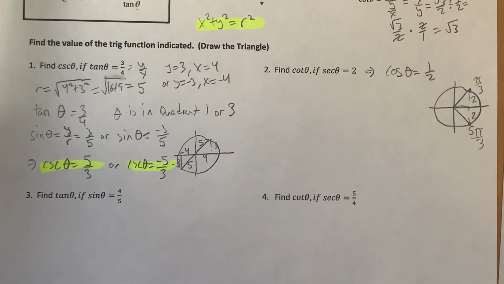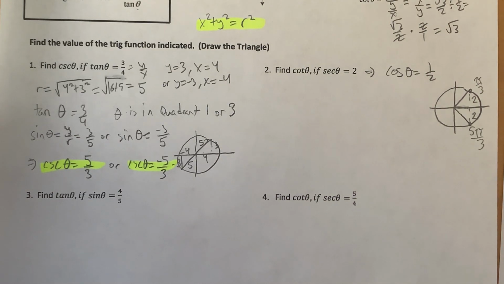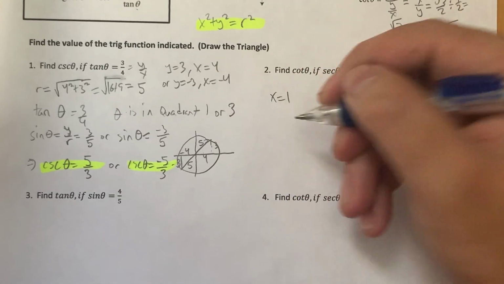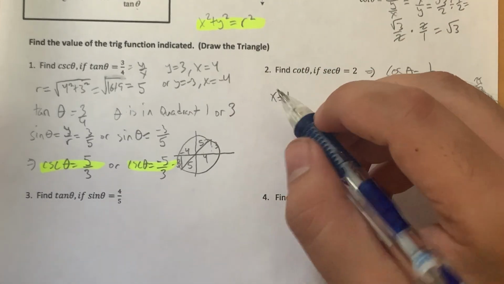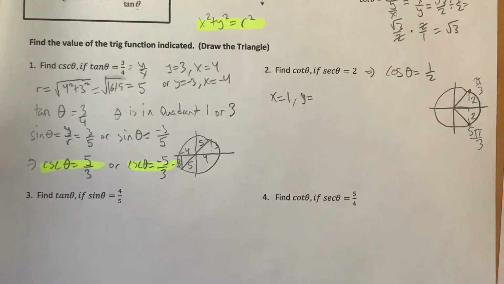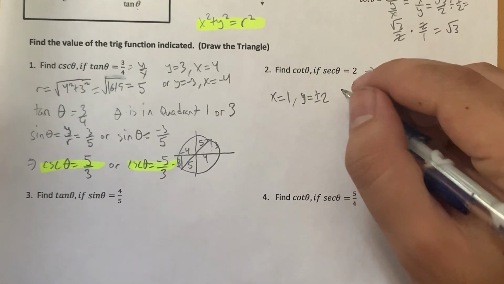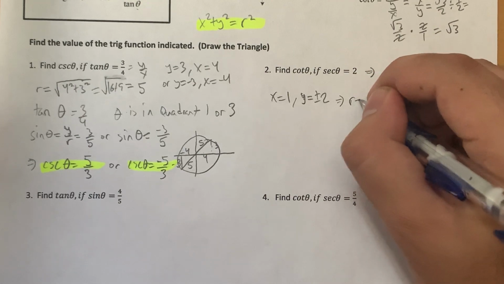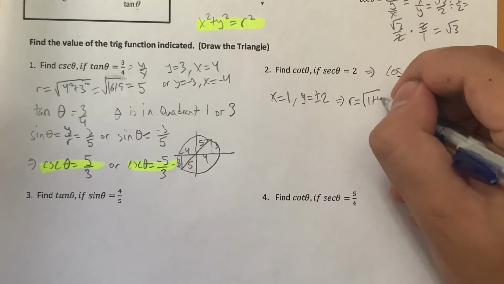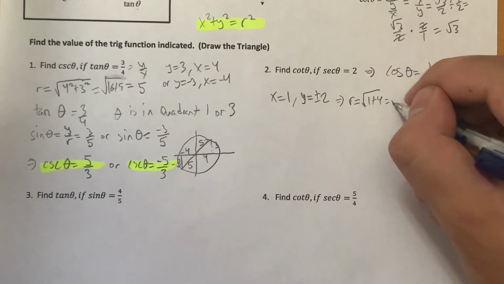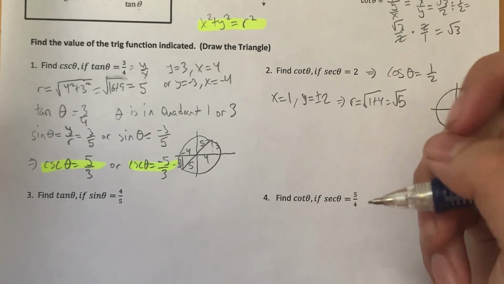So now that we know that it's in the first and fourth quadrant, x equals 1, y equals plus or minus 2. So now what's r? r equals square root of 1 plus 4, which would equal root 5. So r is root 5.